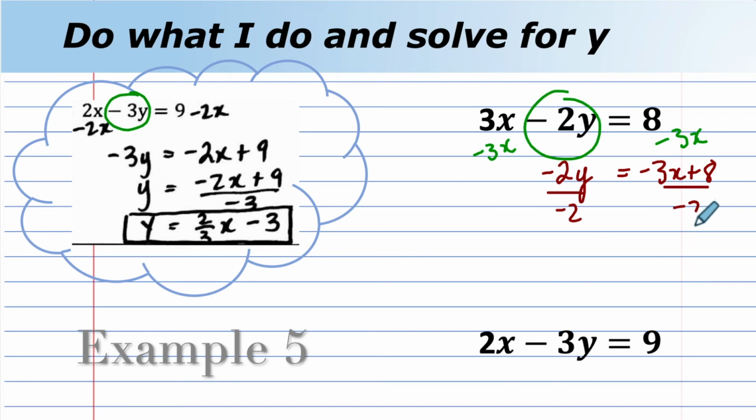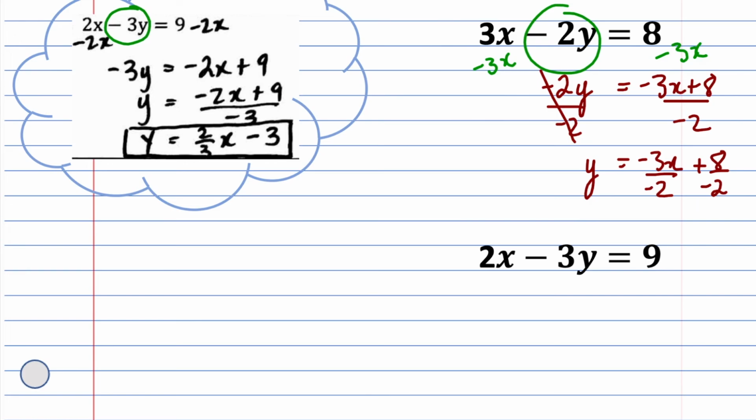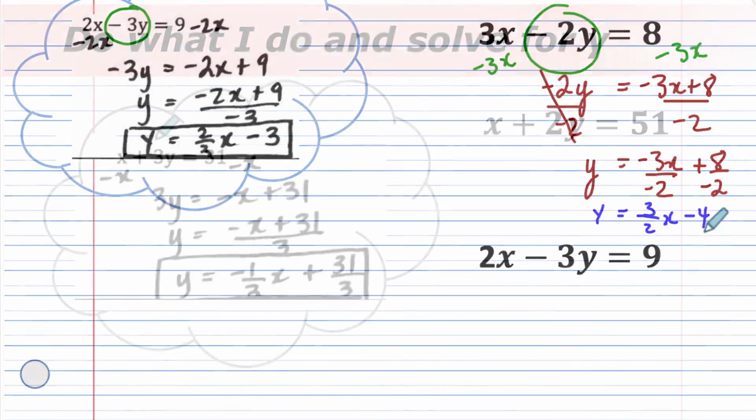Divide by negative 2. Y is equal to now negative 3x divided by negative 2 plus 8 divided by negative 2 will result in 3/2 x minus 4. And that's y by itself.